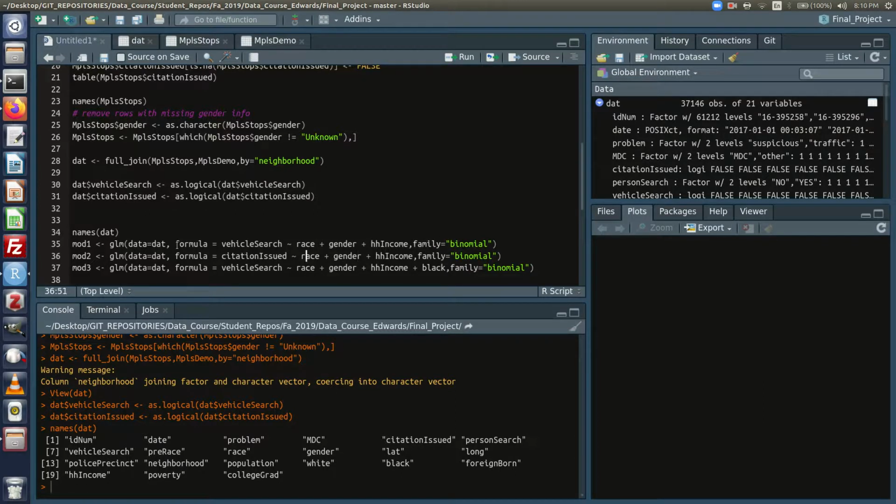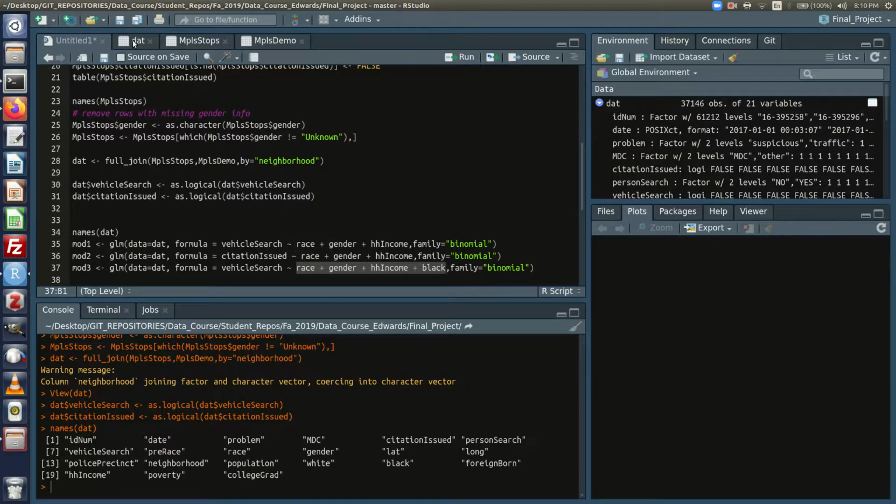Model 2, now I'm looking at citation issued instead of vehicle searched, so that's true false. It's a function of race, gender, and household income. And then in the third model, I'm looking at vehicle search again with race, gender, household income, and black.